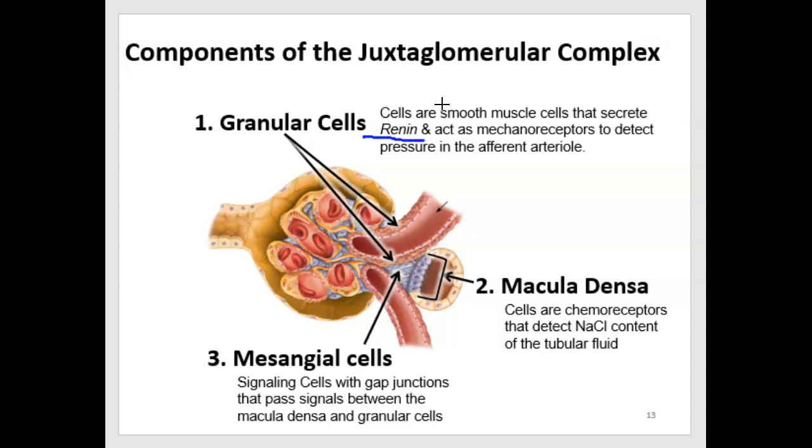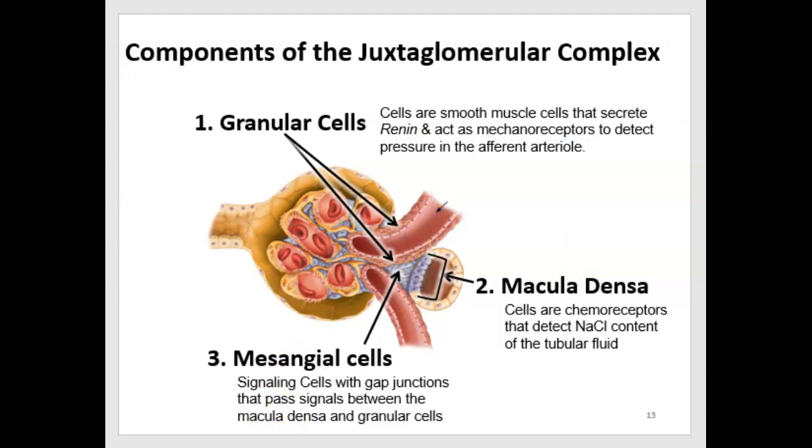And that renin, if you remember, is part of the angiotensin II pathway, and so controls blood pressure. In addition, these smooth muscle cells act as mechanoreceptors to detect the blood pressure within this afferent arteriole. And we'll talk about why that's important a little bit later.